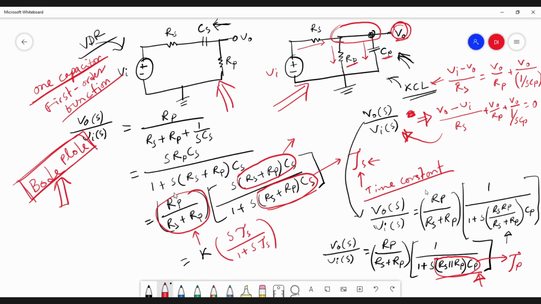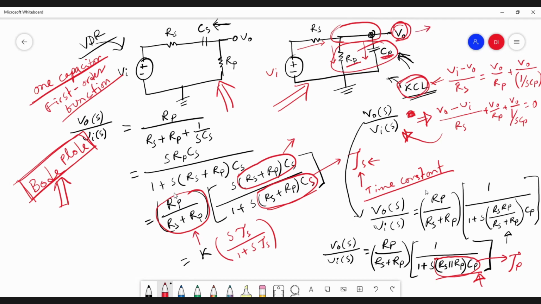Perhaps you want to calculate the parallel impedance of RP and CP, these two branches, then multiply it by the current of that branch. That will be V naught.